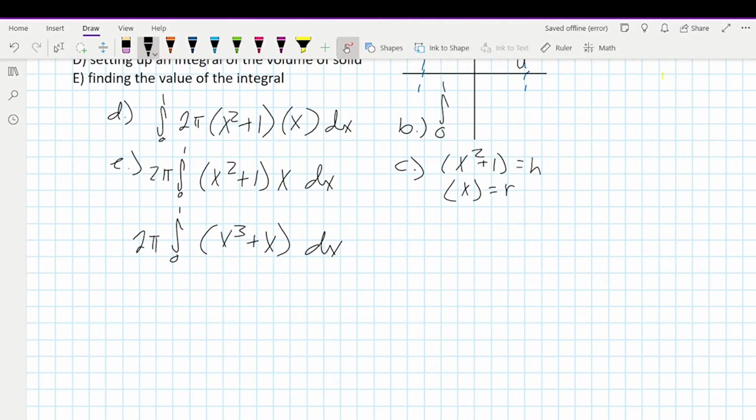And from here, you can go ahead and integrate.